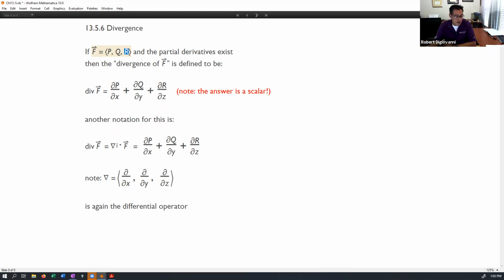So sometimes we can write the div of F with some different notation. All it is the gradient vector, which we defined last time, dotted with the vector field.